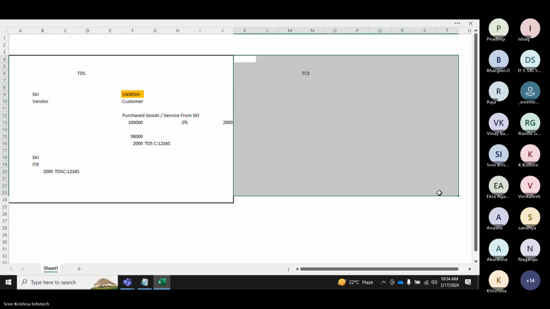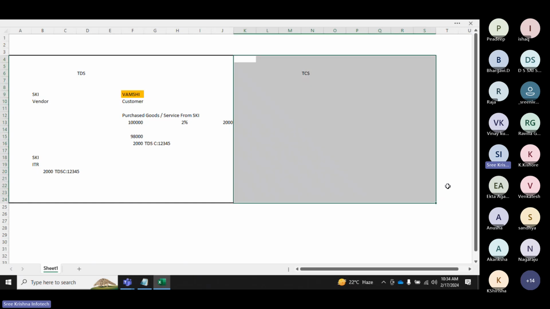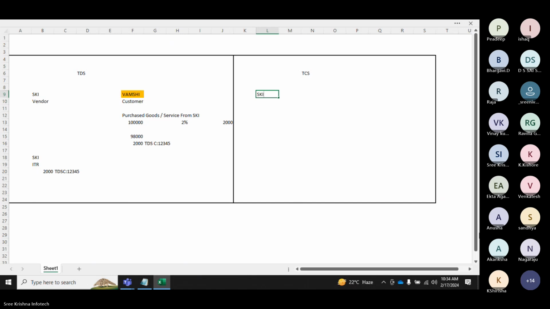When you go to tax collected at source, Sri Krishna is the vendor. Your good name, sir? Shiva. Okay, so Shiva is the customer. The same thing. Shiva purchased worth 1 lakh. So always the customer will post the purchase invoice and the vendor has to post the sales invoice.